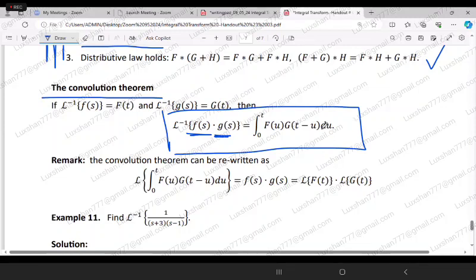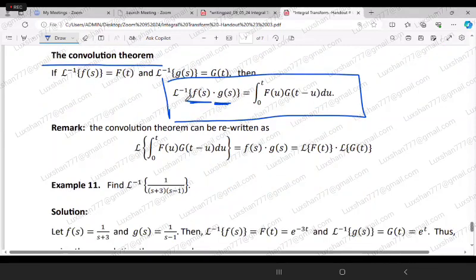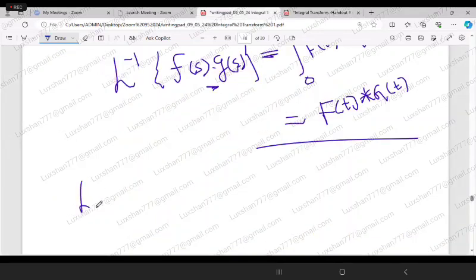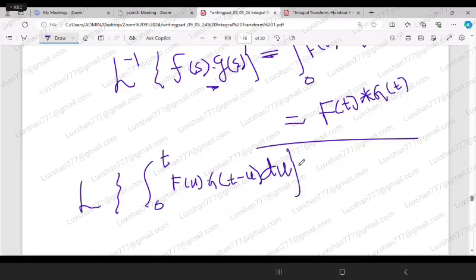If you know the inverse of this one, then from this one you can write the Laplace transform of the integral from 0 to t of f(u) into g(t minus u) du, and this is equal to F(s) into G(s).